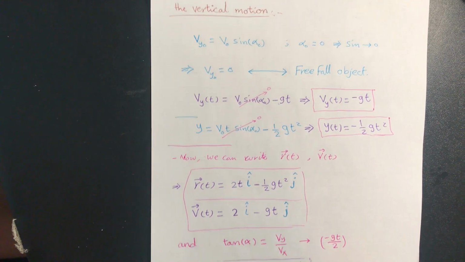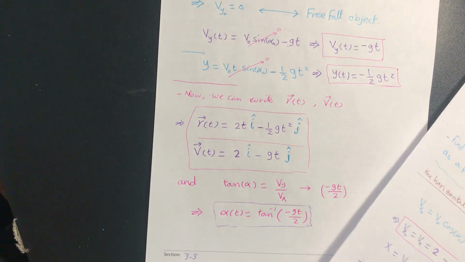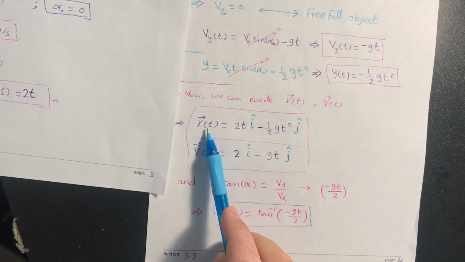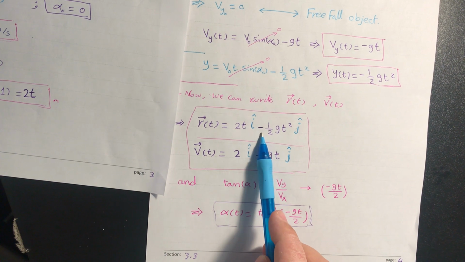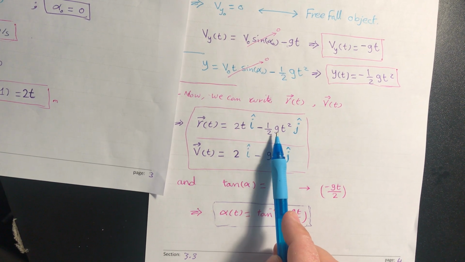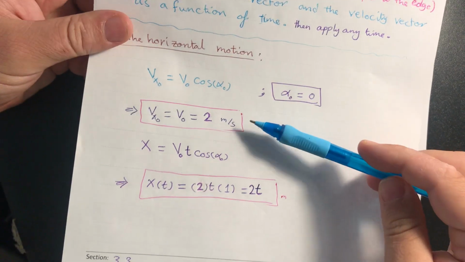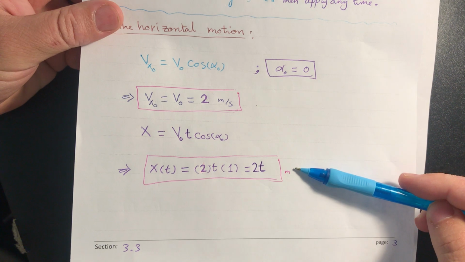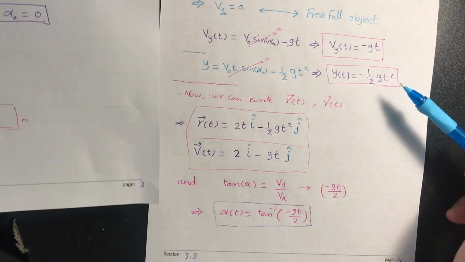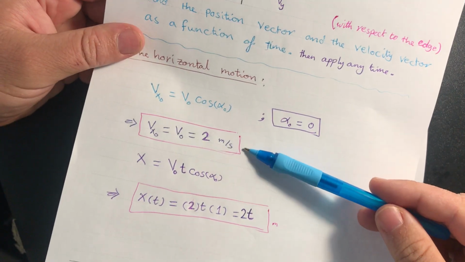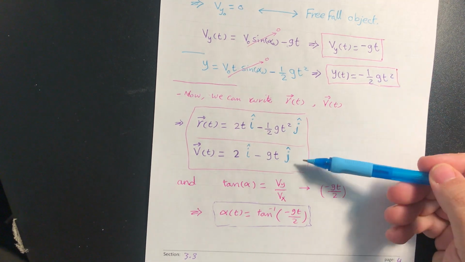Now we can write the position vector and the velocity vector. r is equal to rx in the i direction minus half g t squared, which is ry in the j direction. This is rx, the x component of the position, and this is the y component of the position. And the velocity, this is the x component of the velocity, which is constant, and this is the y component of the velocity.